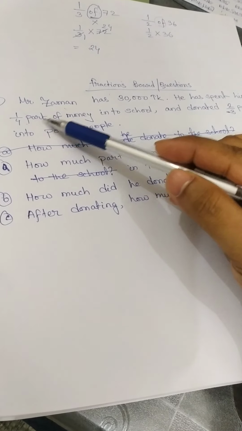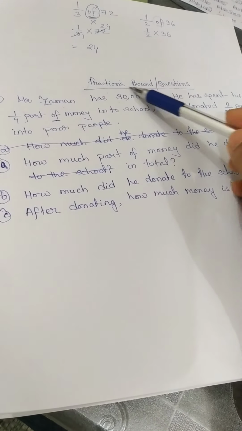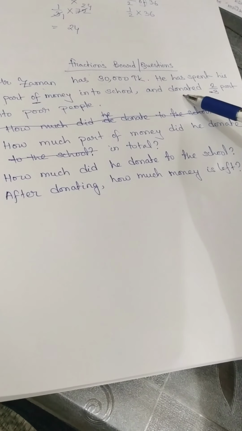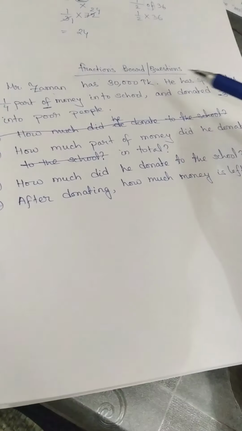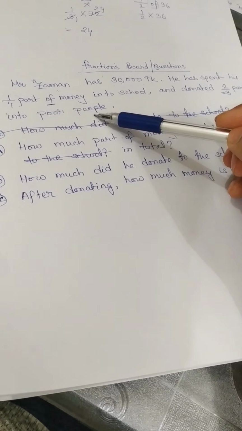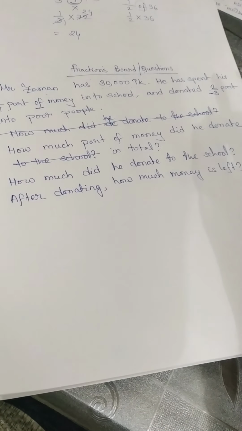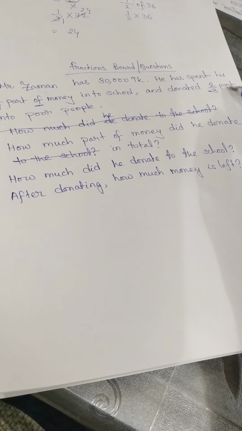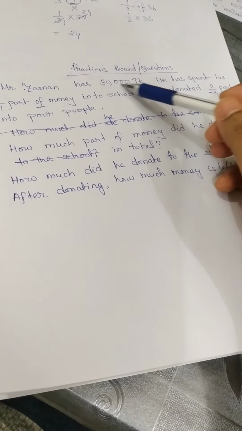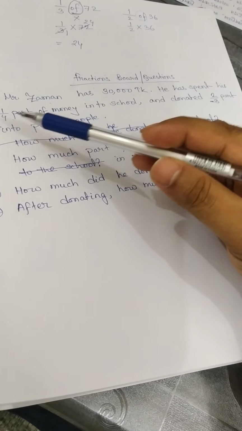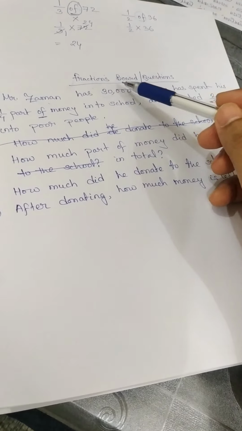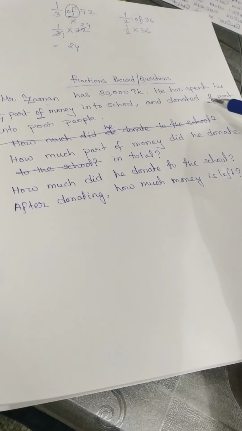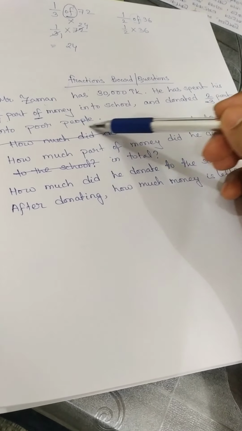So he spent 1 by 4 part of 30,000 taka on school and donated 2 by 3 part to poor people. So 2 by 3 part also he donated. 2 by 3 part of which? This 30,000 taka. So he donated 1 by 4 part of his money to school and again donated 2 by 3 part of his money to poor people.